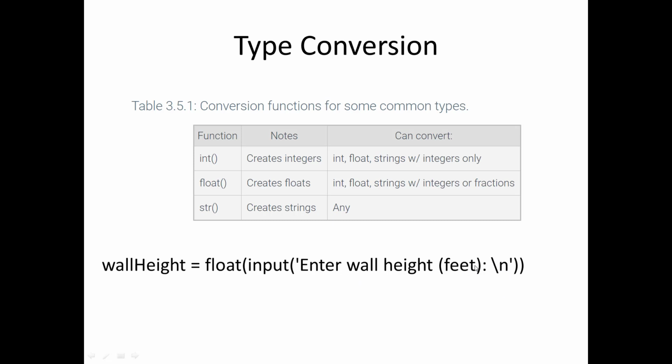The prompt asks the user to enter the wall height in feet and then converts it to a float. We need to do that because the values that we get from the input prompt are in a string format, and we can't do math on string formatted values. Notice this conversion to a float. What's inside the parentheses is what gets converted to a float.